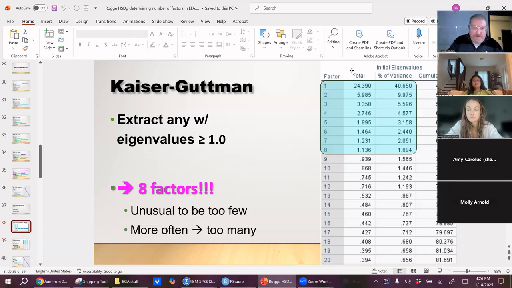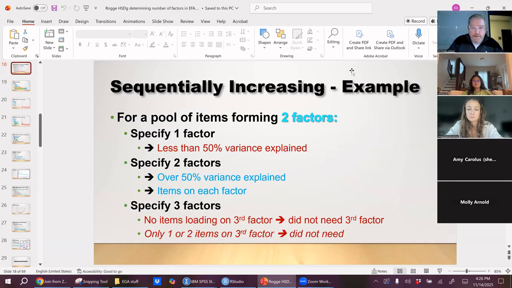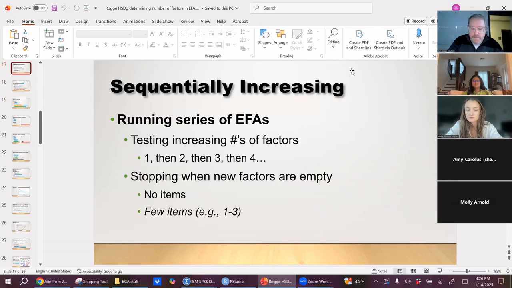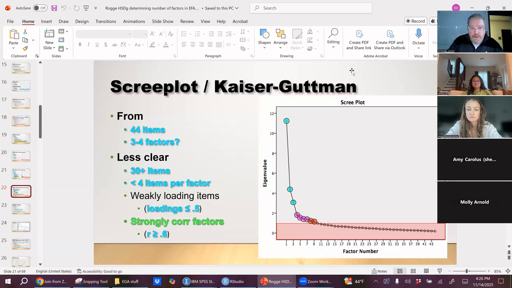is, I'm going to go back a few slides. This is what normally happens. When you have like 60 or 70 or 80 items, can you see how the linear scree starts exceeding 1?